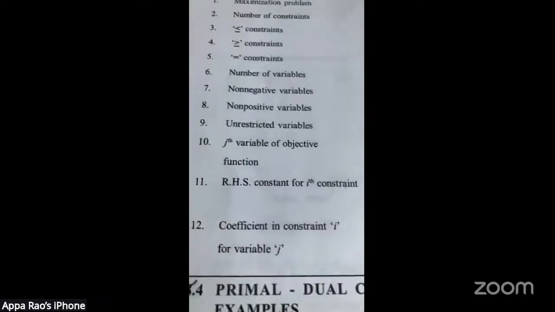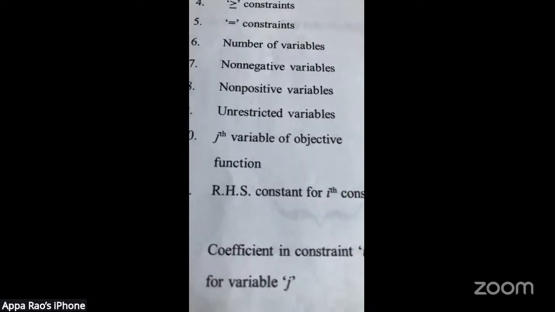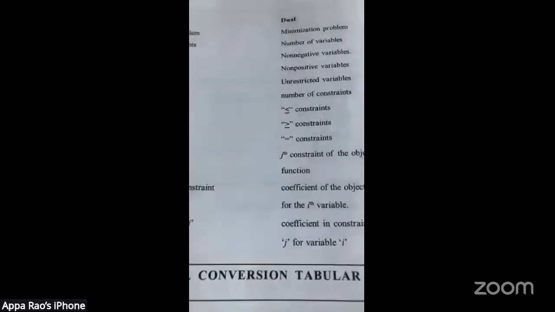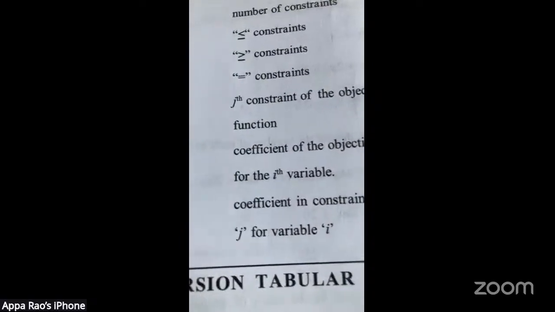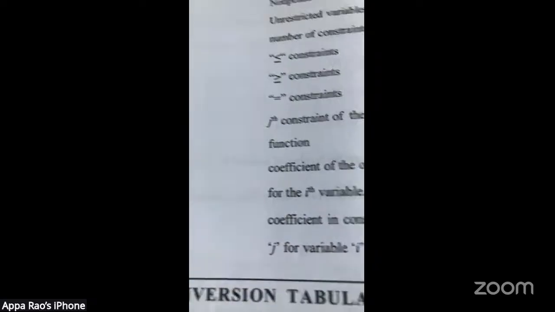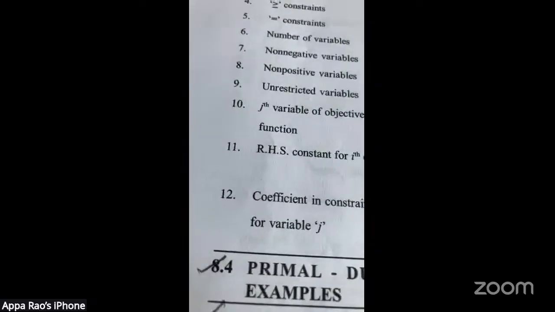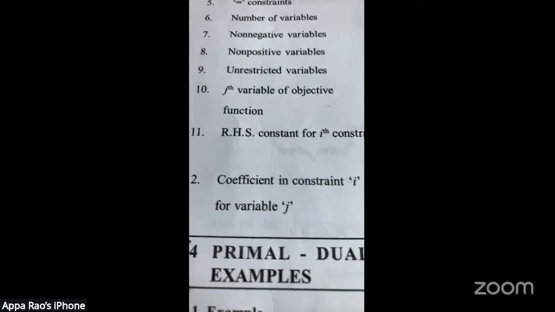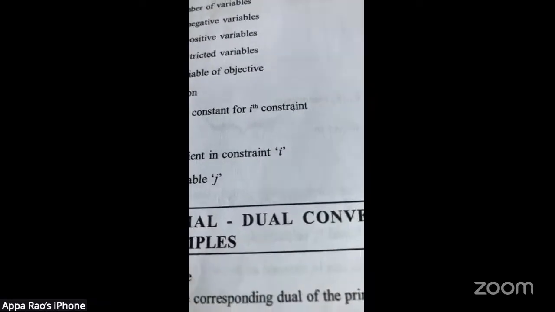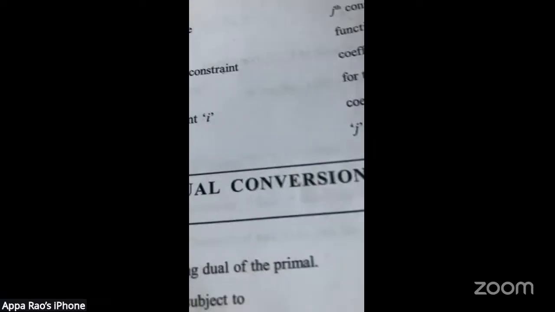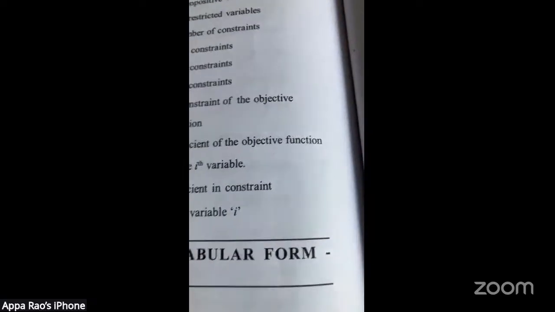Unrestricted variables correspond to equal constraints. The jth variable of the objective function corresponds to the jth constraint. The RHS of the ith constraint corresponds to the coefficient of the objective function.